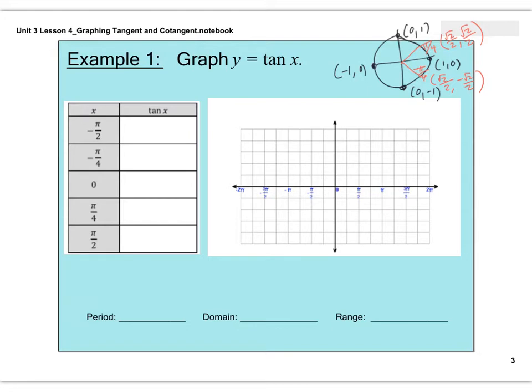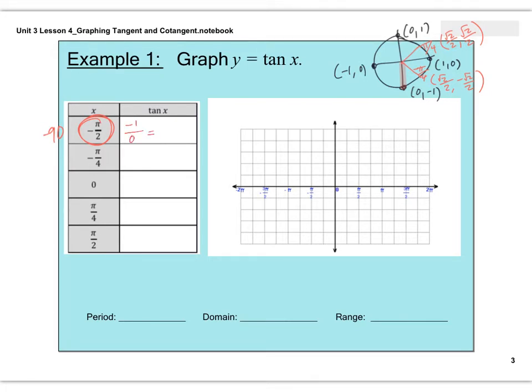So let's think about the tangent values. Let's start with negative pi over 2. Negative pi over 2 is the same as negative 90. So we're going to go down, I'll just highlight it, down to this spot. And we're going to think about tangent. Well, tangent is really y over x. So the y value there is negative 1. The x value there is 0.